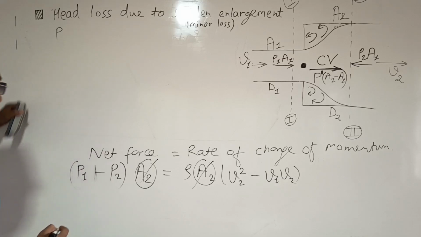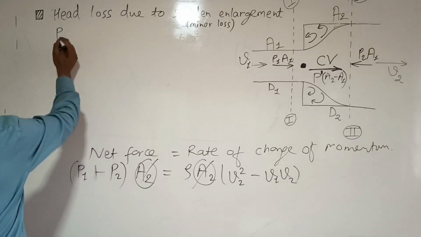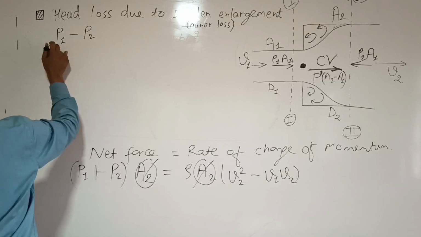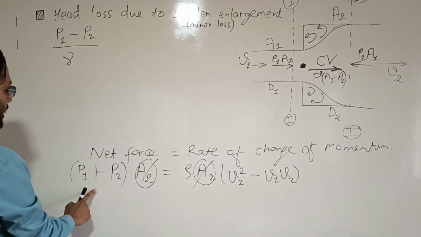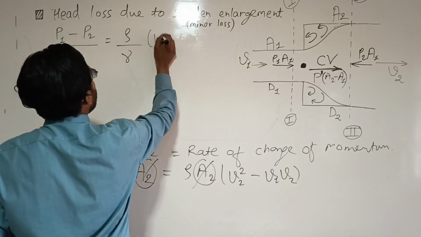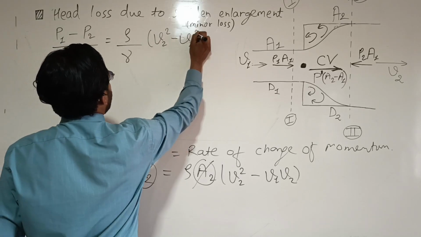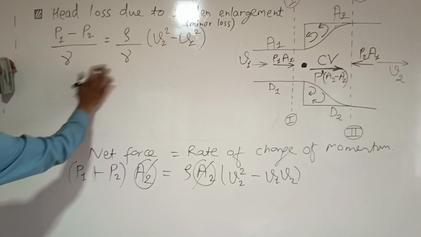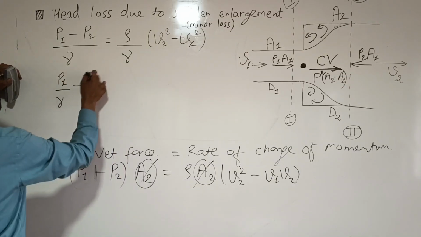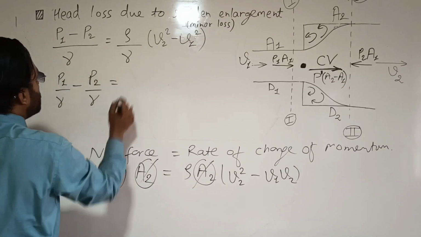Let's divide by gamma on both sides: (P1 minus P2) divided by gamma is rho divided by gamma times (V2 square minus V1 V2).